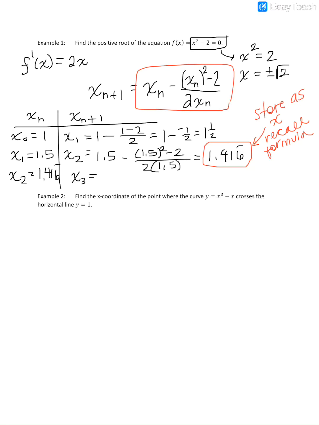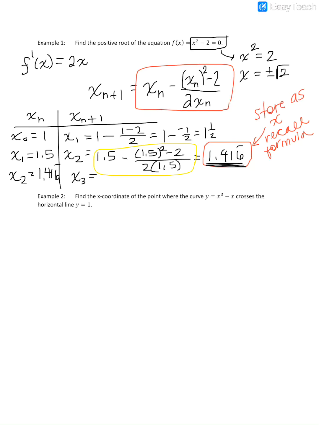And you don't have to write all of this stuff down. You can just write each guess as it goes, okay? So why don't you try that? If you have this on your calculator, go ahead and store it. Type in your equation, get your answer, store it again, recall your equation again, and hit enter. Okay, and then pause this video, and when you're ready, let's look at what you got for x3.